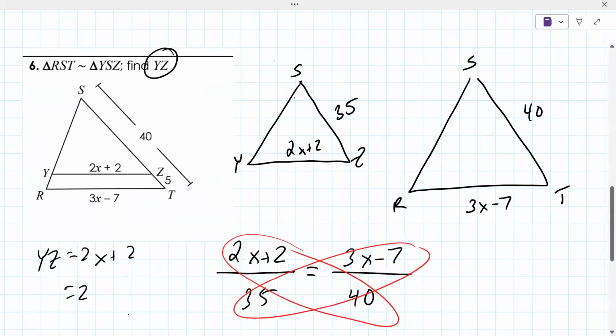Yes, perfect. It is 28 degrees. Okay, perfect. Any questions, thoughts on that?